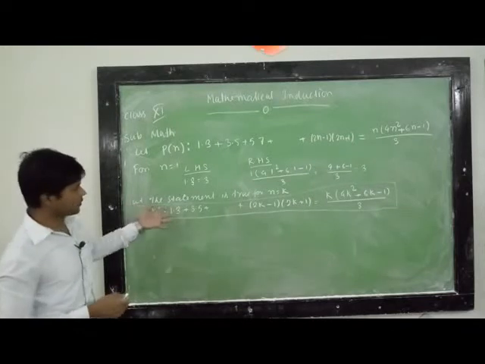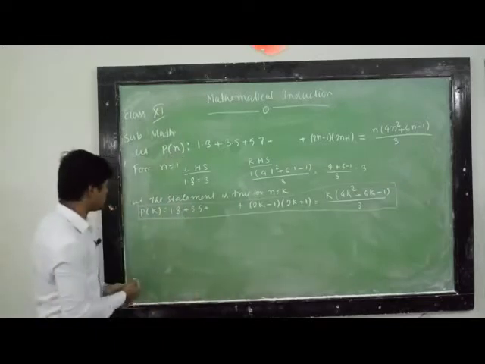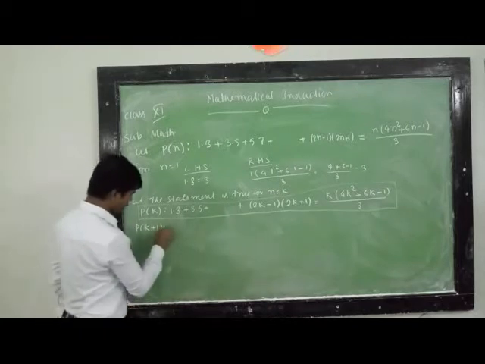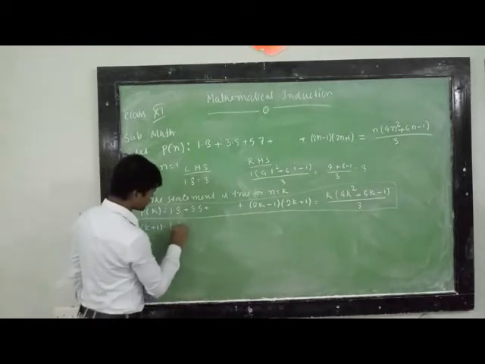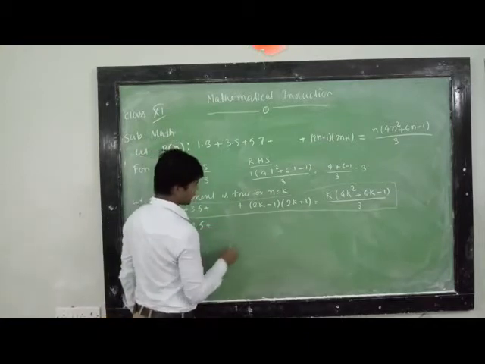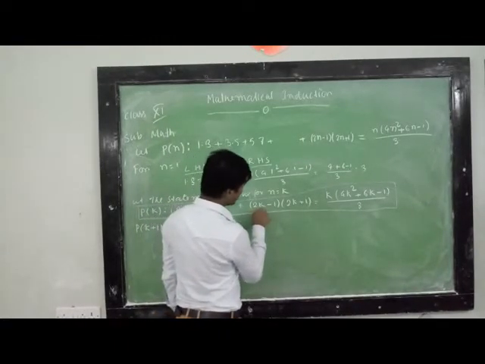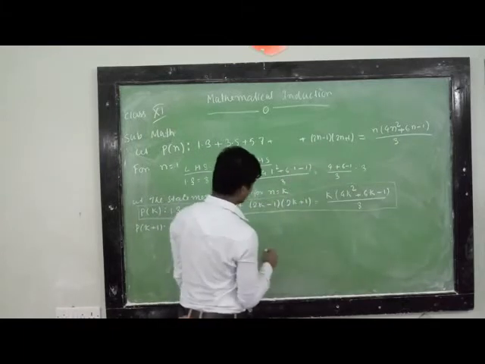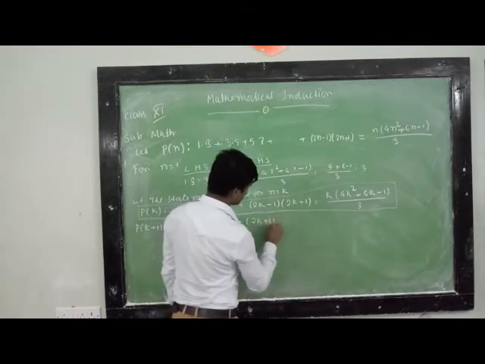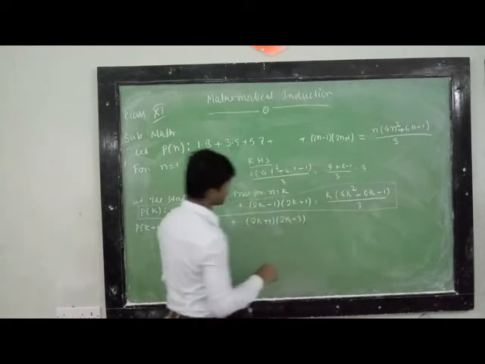Now we have taken that the statement is true for n equal to k. Now we'll consider the expression P of k plus 1, which is equal to 1 into 3 plus 3 into 5 plus ..., and the last term, if I put n equal to k plus 1, will be 2k plus 1 into 2k plus 3.